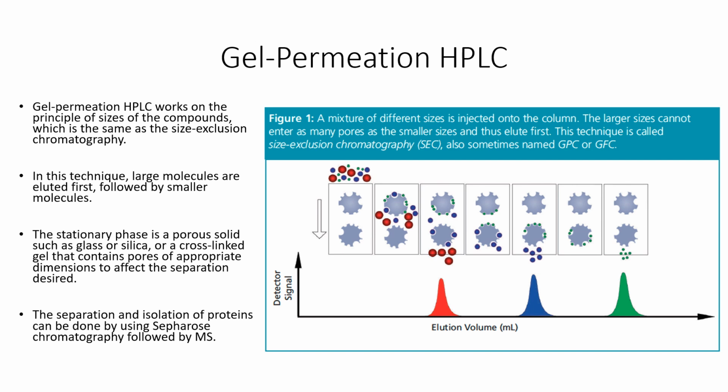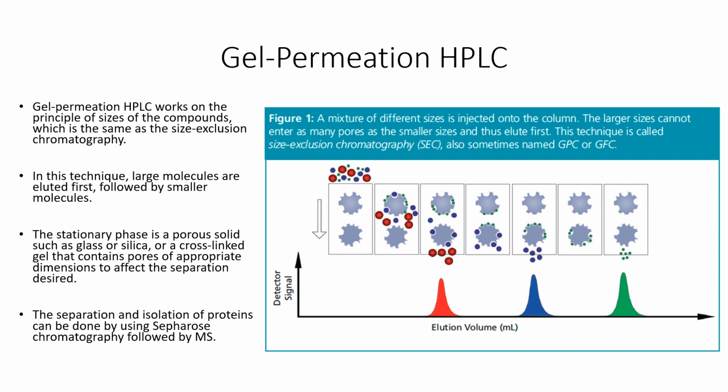For the gel permeation HPLC, it's just like the size exclusion chromatography. So basically, gel permeation HPLC works on the principle of size of compounds. So it's exactly the same as size exclusion. In this technique, the large molecules are eluted first, followed by smaller molecules.